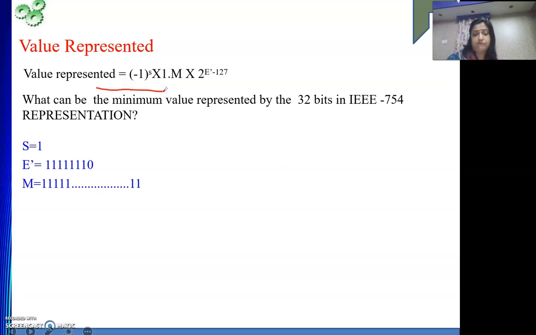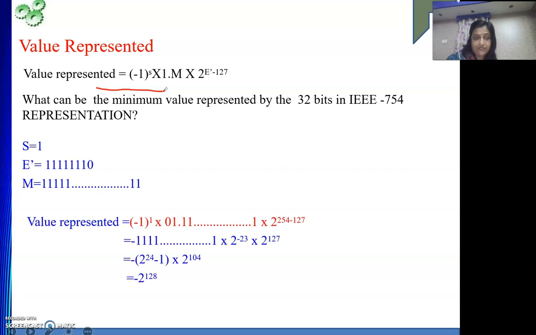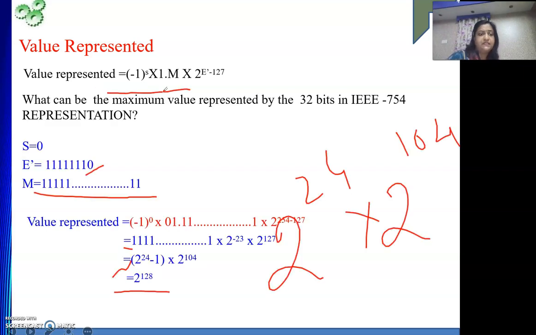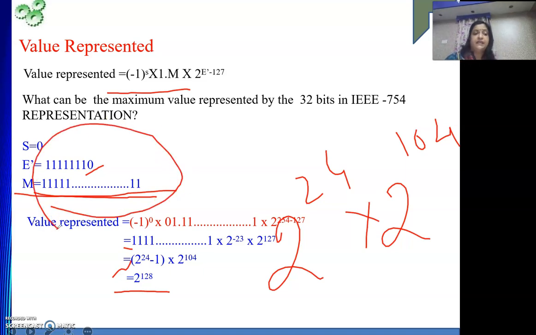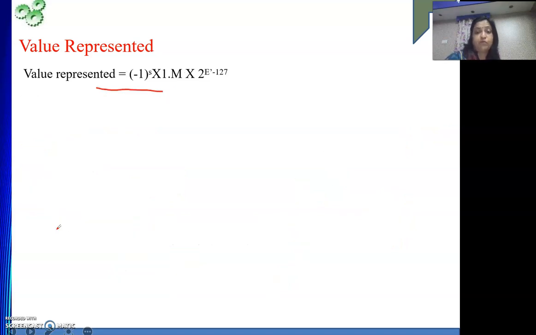So if I am going for the minimum value, in the last slide we have seen the maximum value. Then the minimum will be what? The negative of this whole thing, right? Negative of this whole thing, yes or no? Because whatever is maximum, if I put the minus sign on that, that will be the minimum value, right?